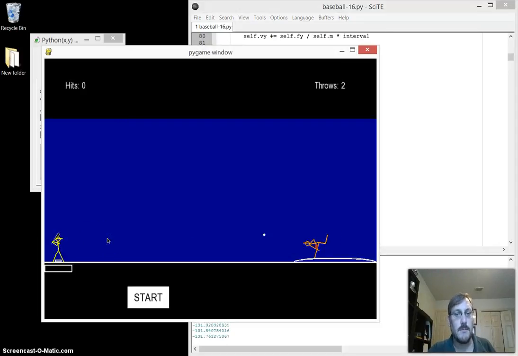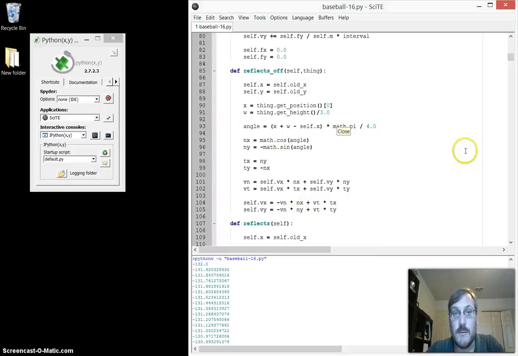I think I'll tinker around in the guts of this thing to try to make it work a little bit better before I get on to the next video. But that's just going to be playing around with the detection algorithm in the batter and this reflects off function.